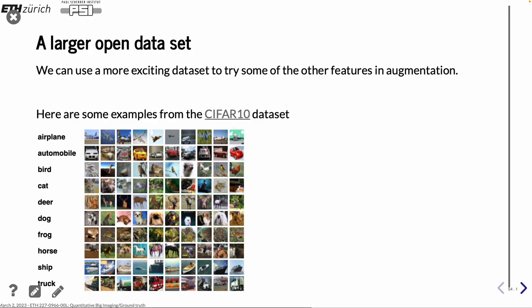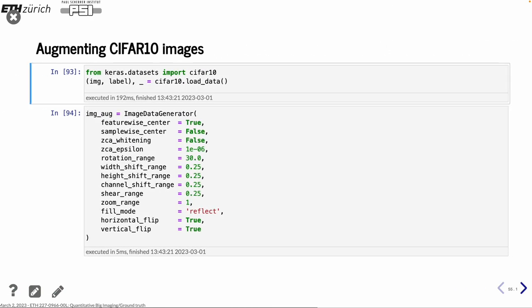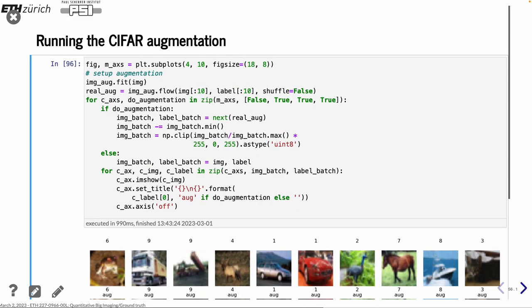Then we can look at the larger images, and those can also be modified in a similar way. And then we get images, the same principle where we have this augmenter fit, and then we run it stepwise, getting different label batches.